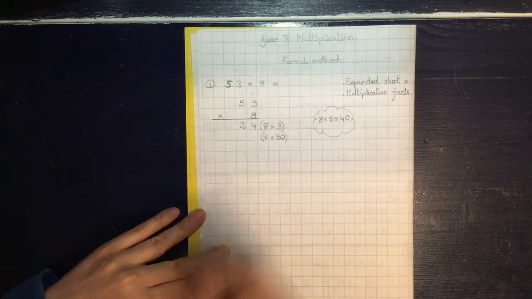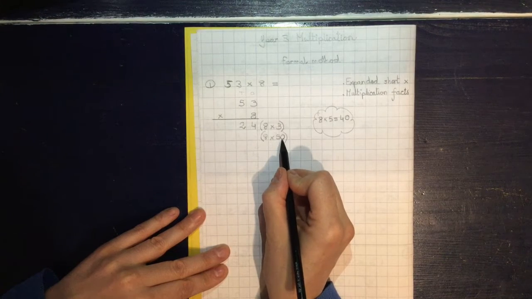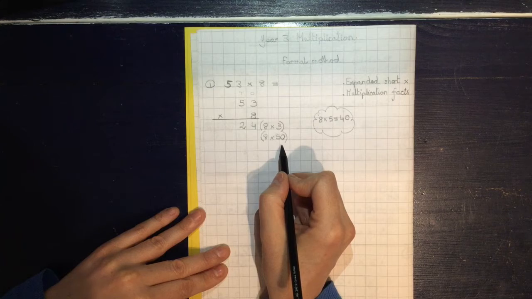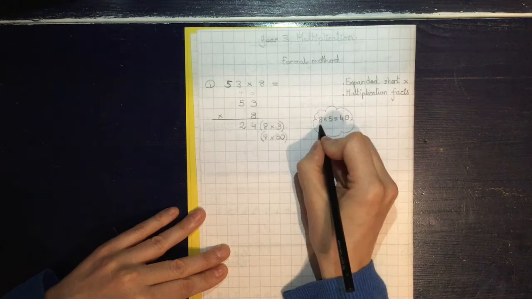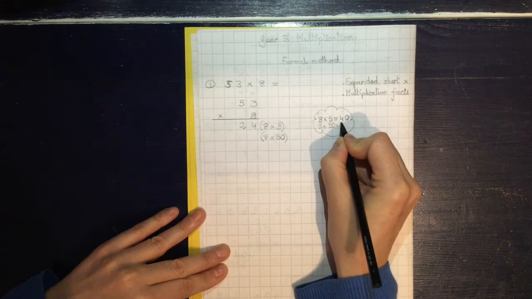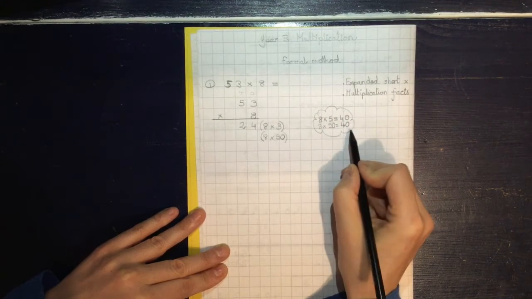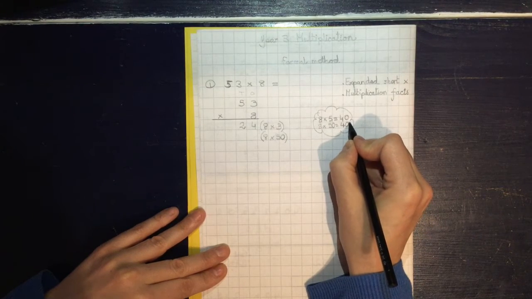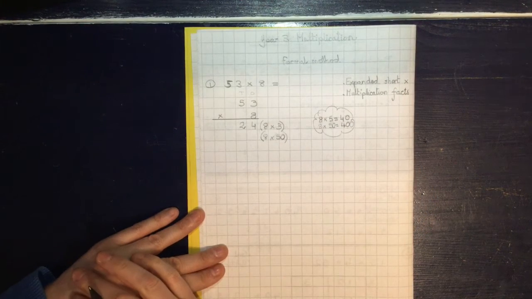I know that. So 8 times 50, 50 is 10 times greater than 5. Therefore, my answer needs to be 10 times greater than 40, which is 400.